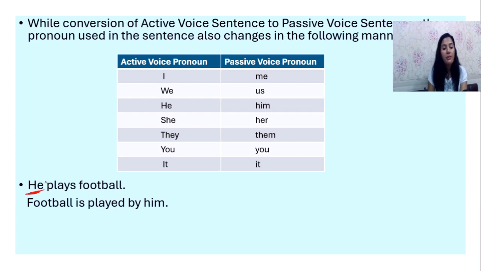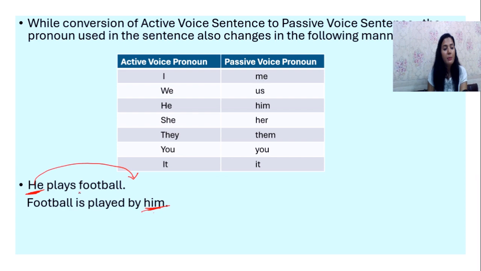And when we make it the object of the sentence in a passive sentence, then we will write the objective form of he. Understand why we will write the objective form of he? Because we are using it here as an object. That's why we need the objective form of this pronoun. So we will write here him.